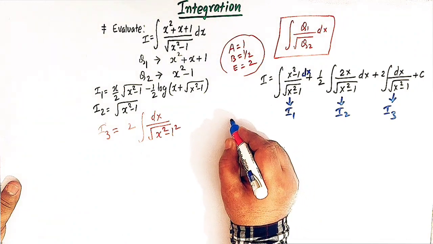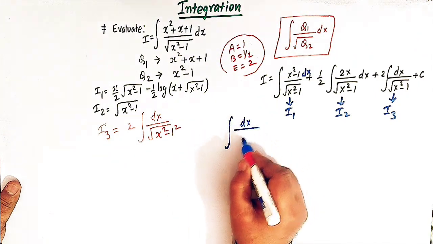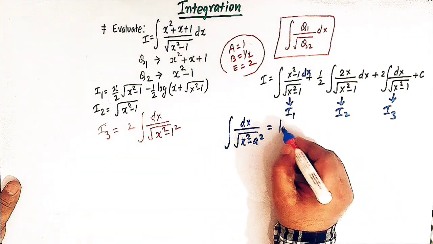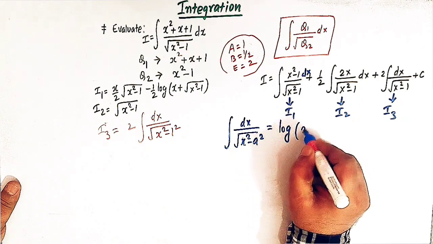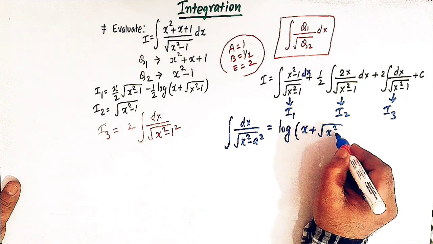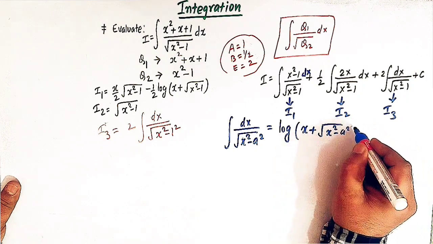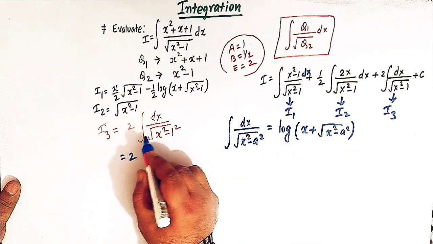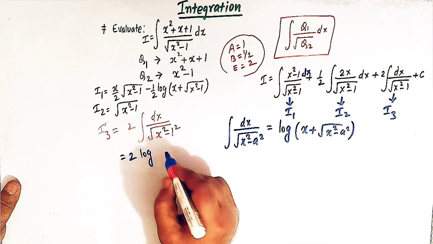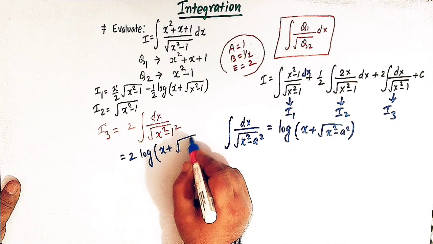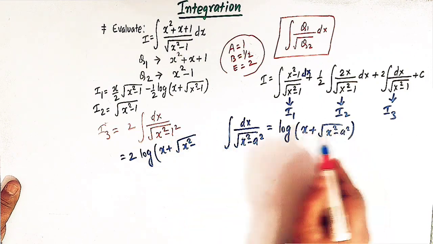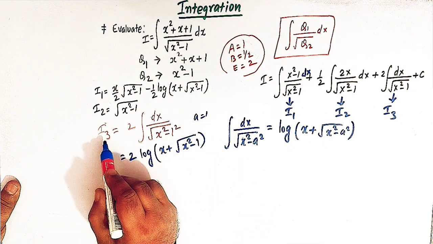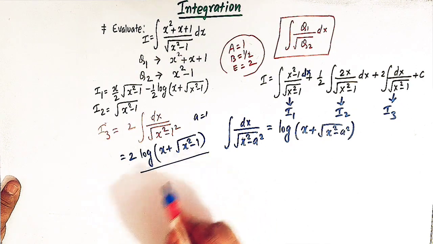We have this important result, that the integral of dx over √(x² − a²) is given by the natural log of x plus √(x² − a²), right? So we'll apply this result to this one. We have 2 times log of x plus √(x² − a²). Our a is 1, so 1 square is simply 1, right? So the value of I3 is given by this expression.